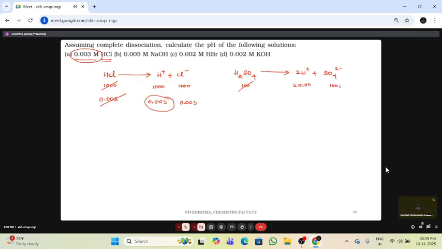Any doubt? So, if the concentration of sulfuric acid is 0.003, upon complete dissociation, could you please tell me the concentration of H plus ion?